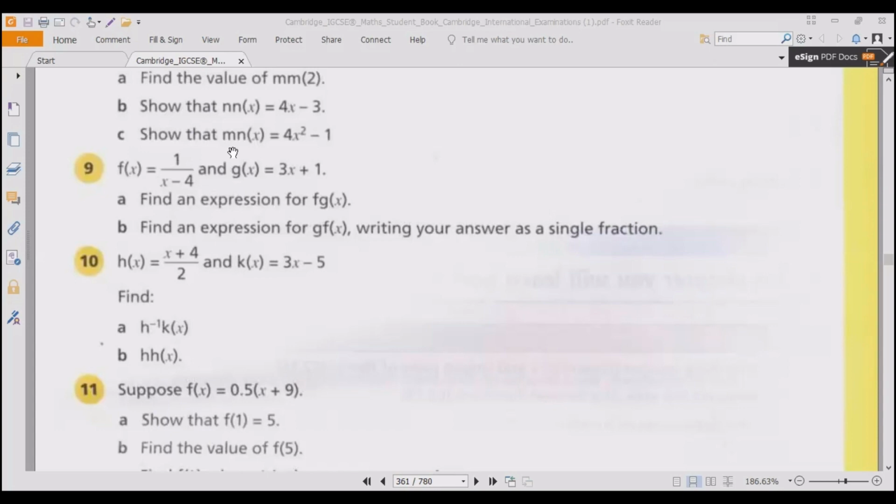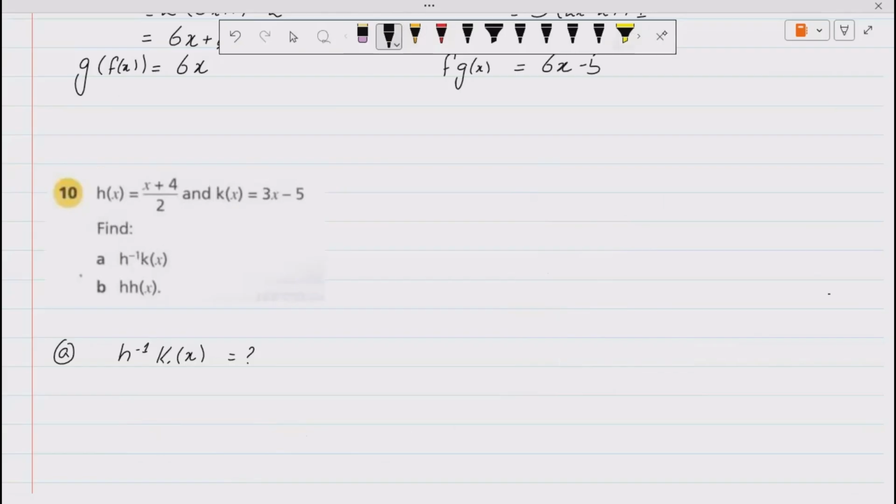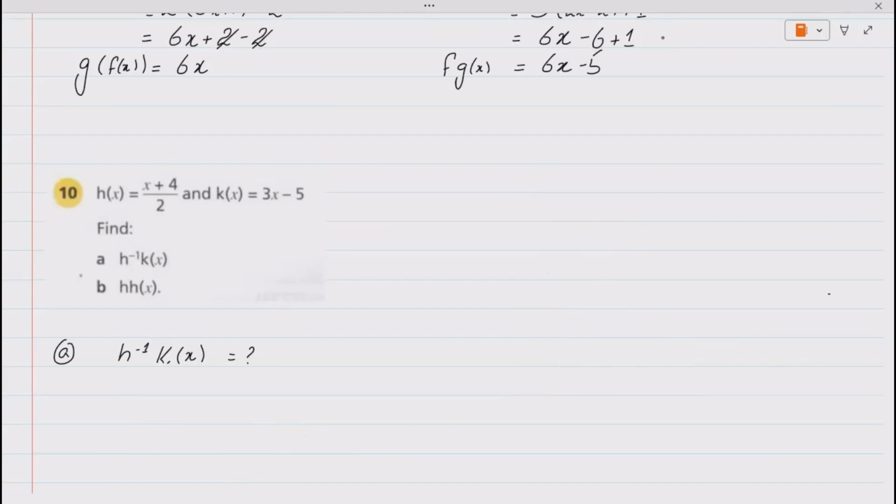Now we are going to do question 10. Question 10 is different from the previous ones because we are given h and k, again two functions, but in part A we have to find h inverse of k of x.